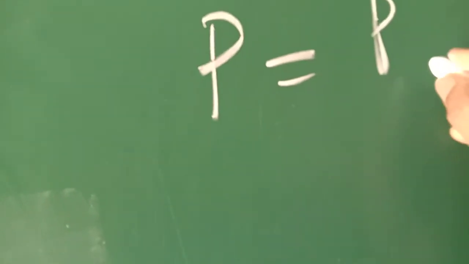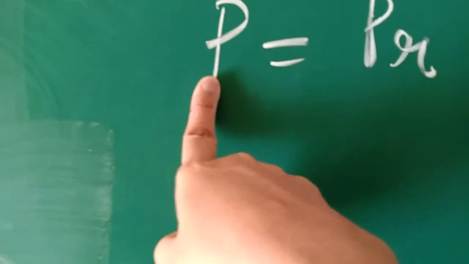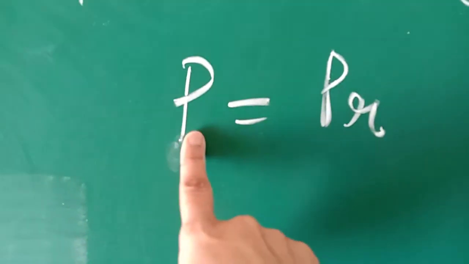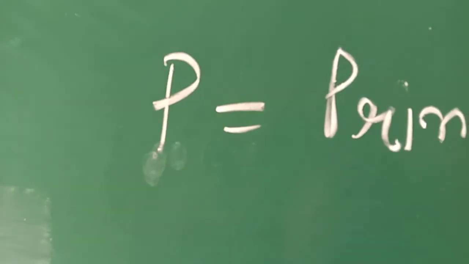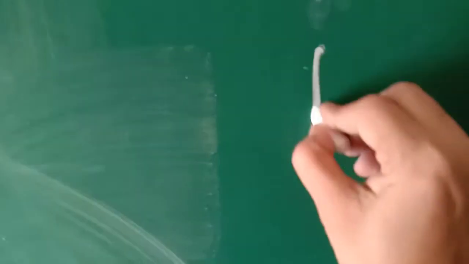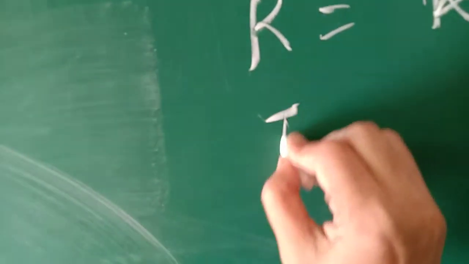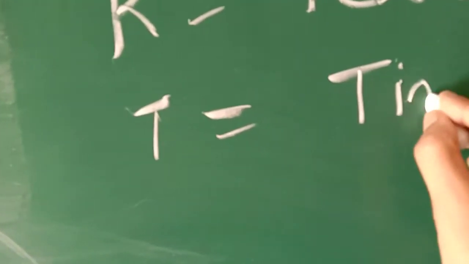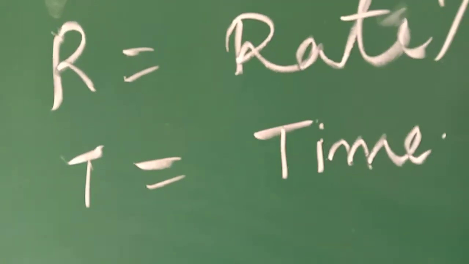I am writing first the short form, full form of this, what we will use in our formula. P stands for principal. R stands for rate. T stands for time. And rate is always known as rate percent.